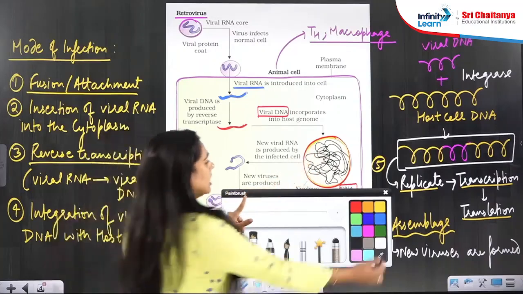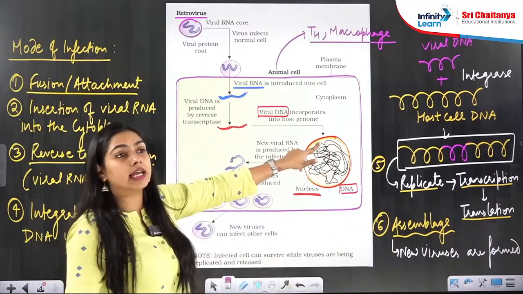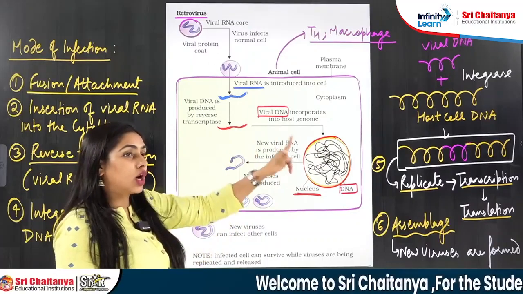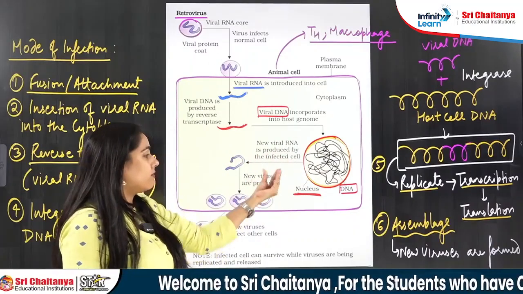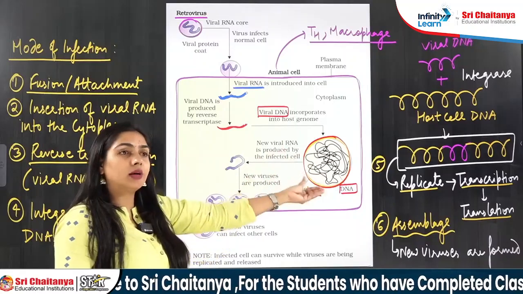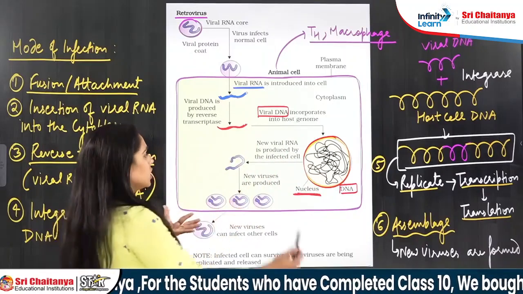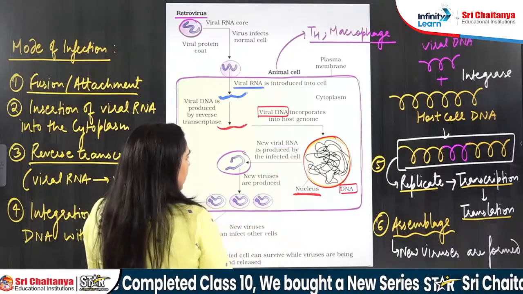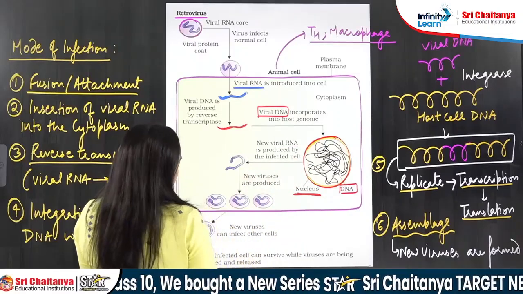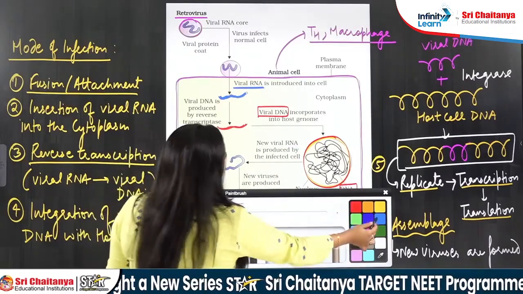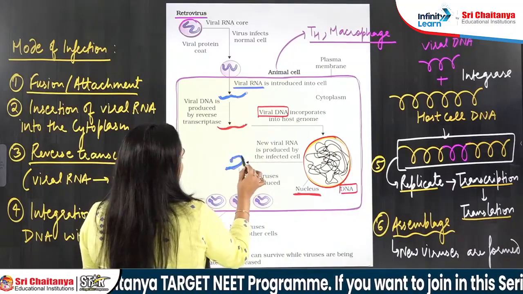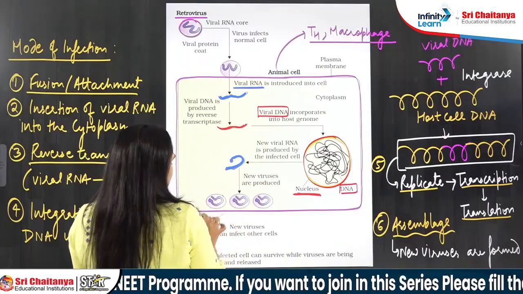Then the DNA is replicating, transcribing, translating. Along with that, viral DNA, viral RNA and viral proteins will be formed. You can see here the new viral RNA, this is with the blue color only. New viral RNA is formed and these are the protein coats.